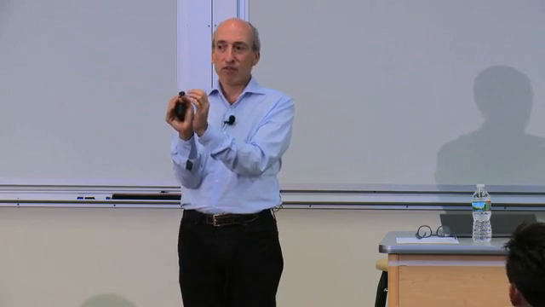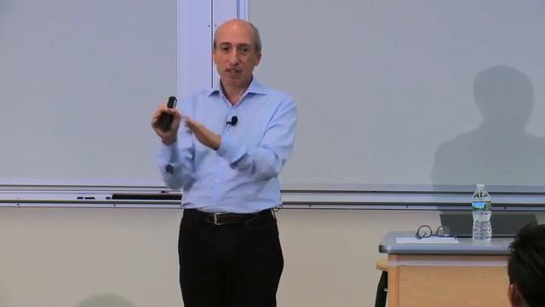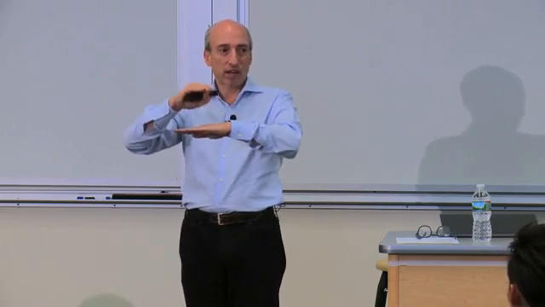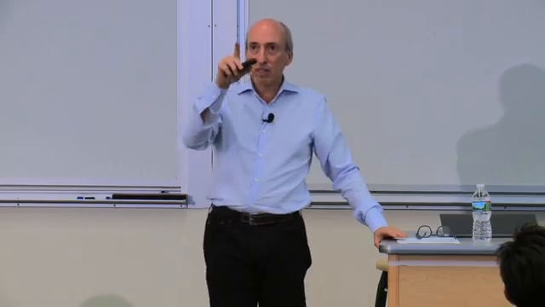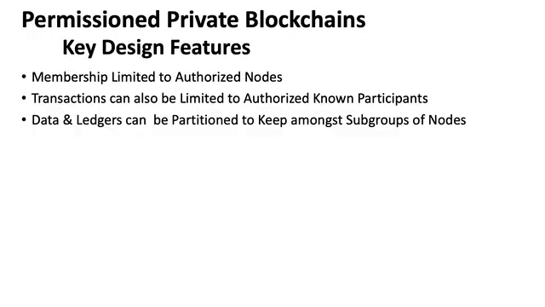But even if they don't have the same need, they might actually want to put a second layer on top. And some of them actually do this right in their technology, and it's what I put up here as the second and third bullet point. The transactions can be limited to only authorized known participants.